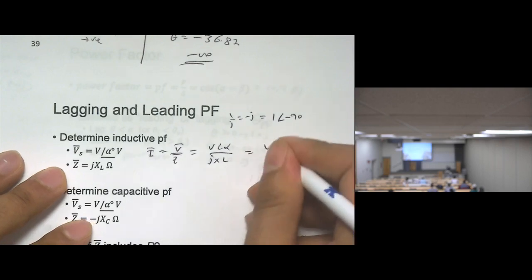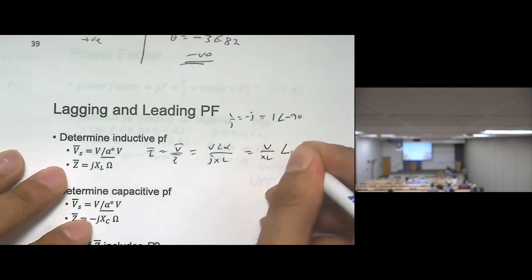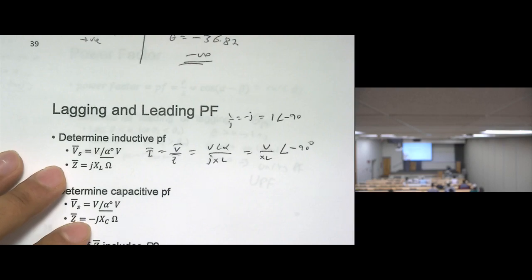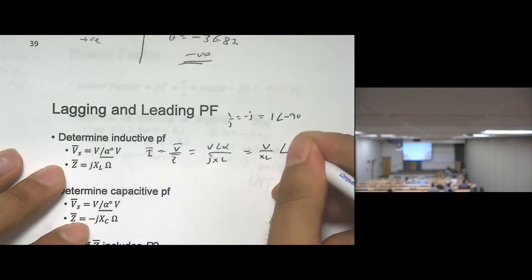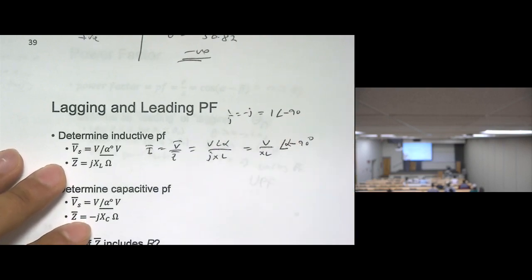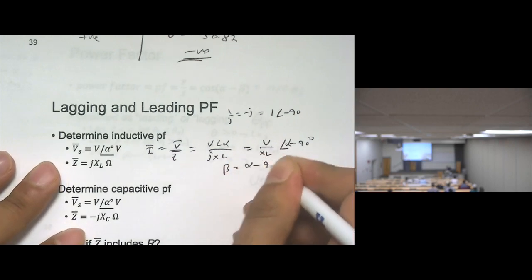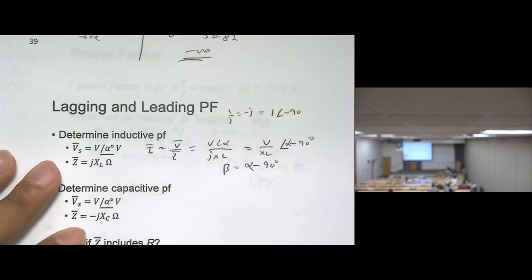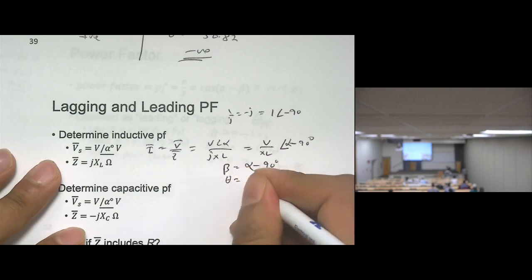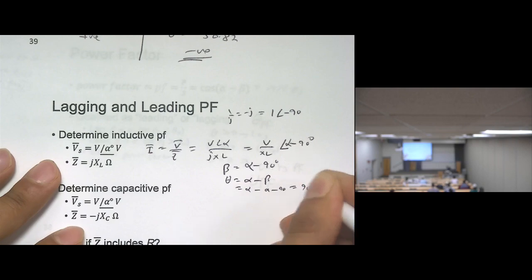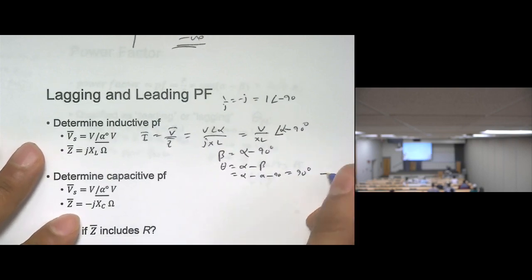So it's going to be V over XL angle alpha minus negative 90 degrees. I'm sorry, alpha minus 90 degrees. Therefore, we can say beta will be alpha minus 90 degrees. Then theta will be alpha minus beta, which will be 90 degrees. So theta here is positive.